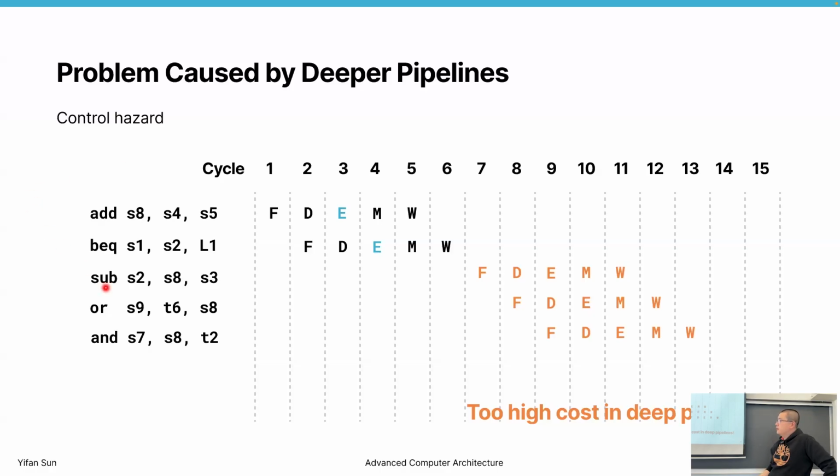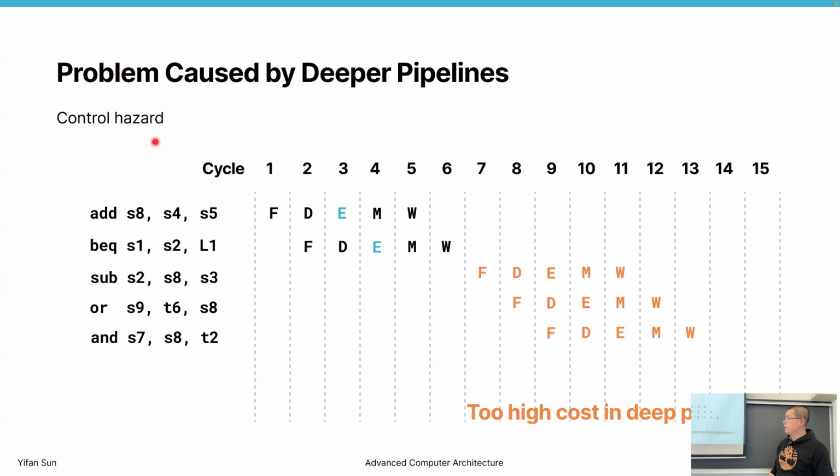That means, let's say, we want to calculate sub and and at the same time, but they occupy the same logic. If they're occupying the same logic, we cannot let them execute at the same time. This is considered a structural hazard: there is a conflict in the hardware resources. But anyway, here we have a control hazard, right?